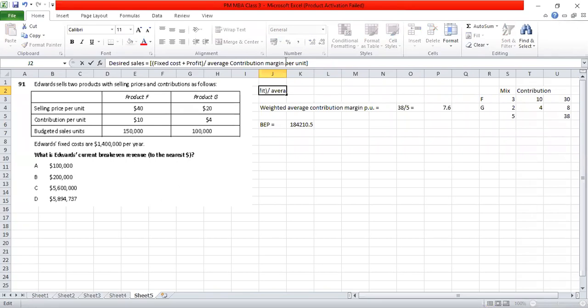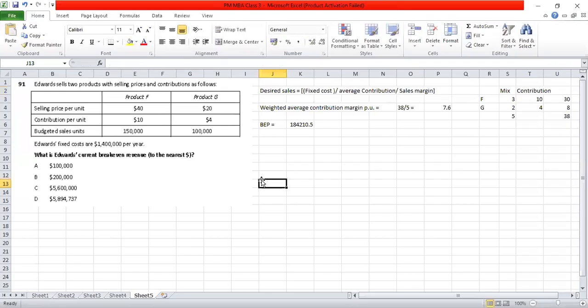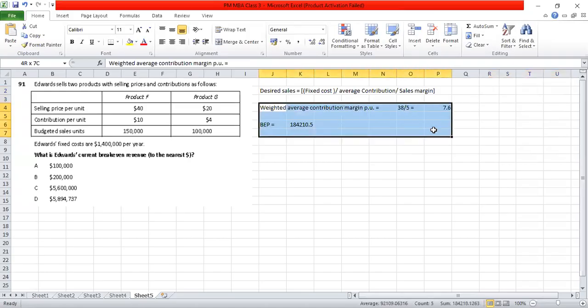So if it is contribution by sales margin, interesting this.